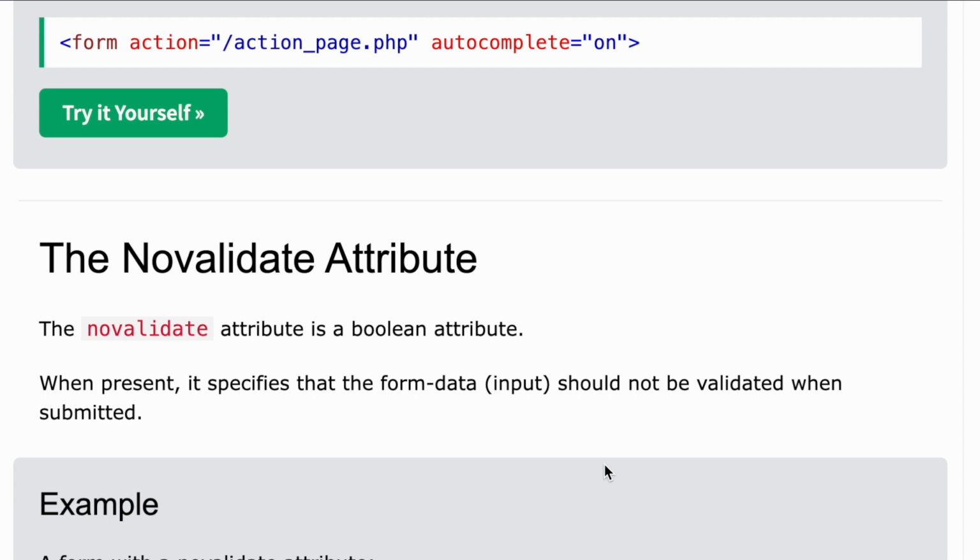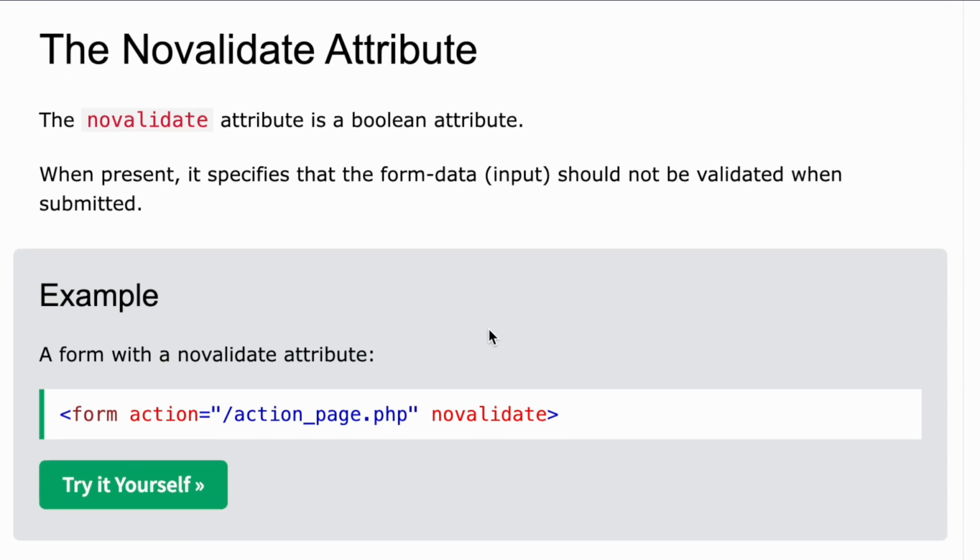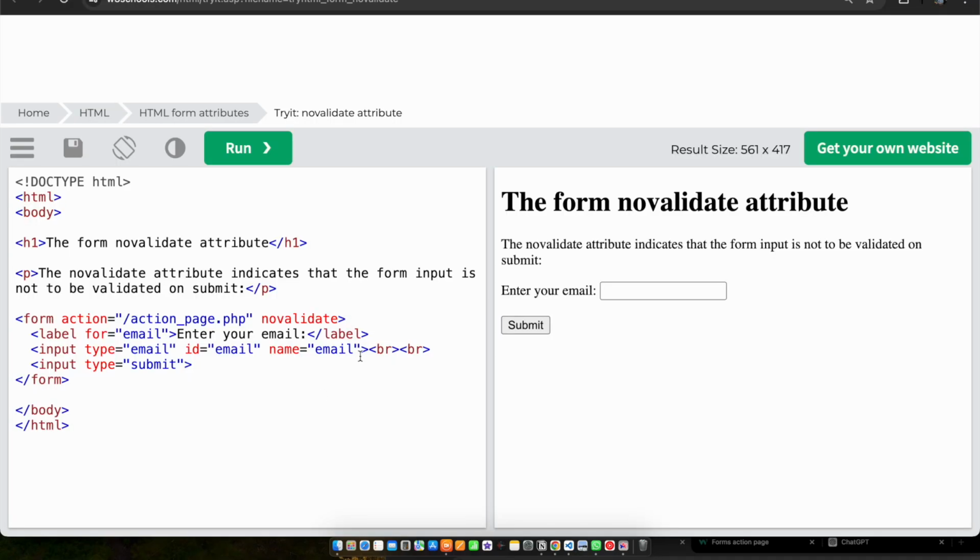Now talking about the novalidate attribute. The novalidate attribute is a boolean attribute. Boolean basically means it is true or false. It indicates that the form input is not to be validated on submit.